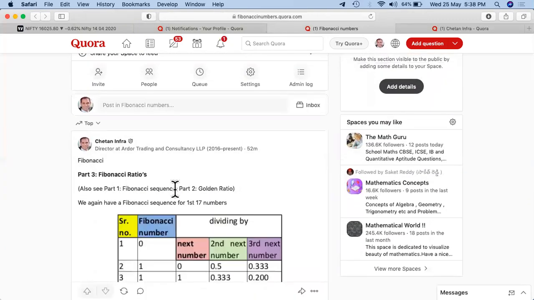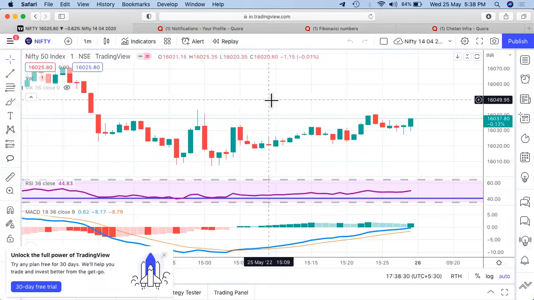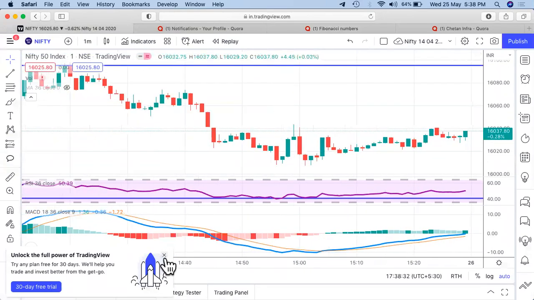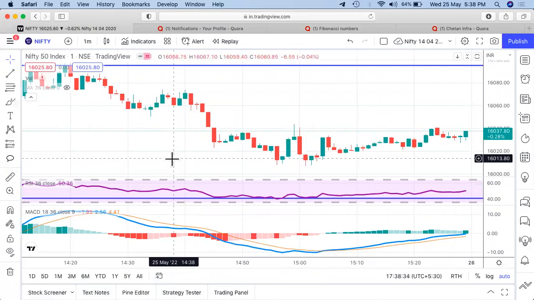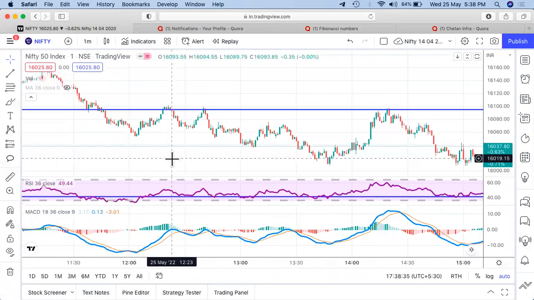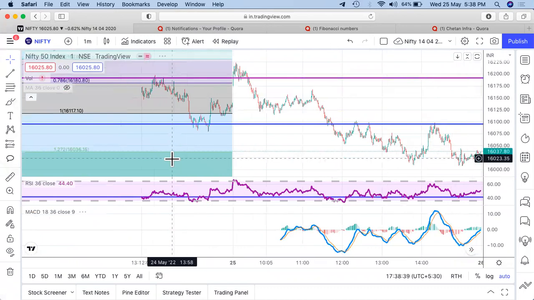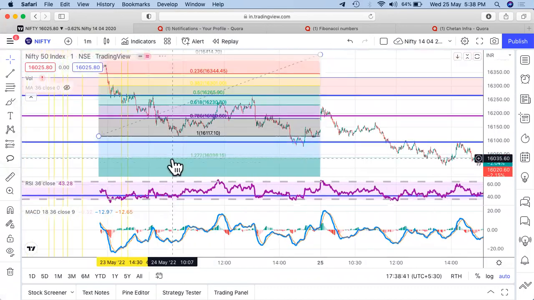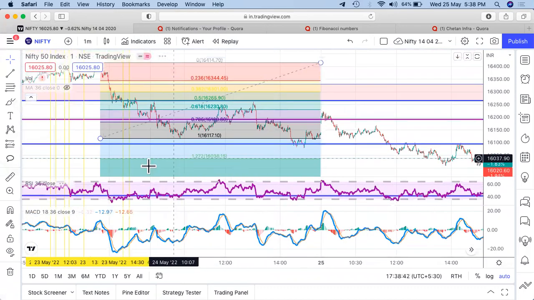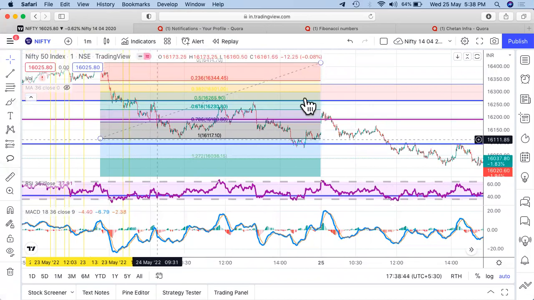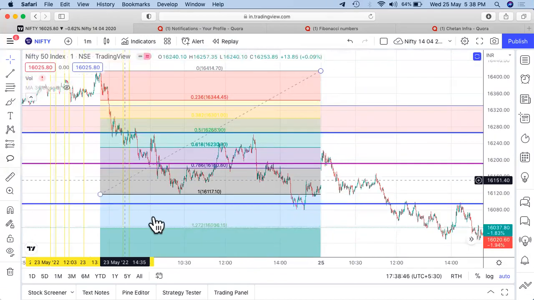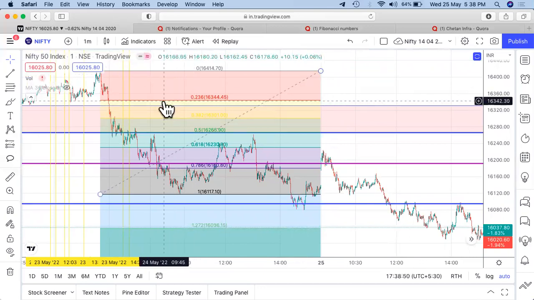which is Fibonacci ratios. Now we know about Fibonacci, and there are various Fibonacci ratios. If you see, it starts from 1. Let me just expand this. 1, 0, and after that we have a ratio which is 0.236.